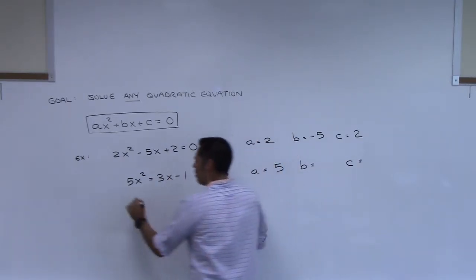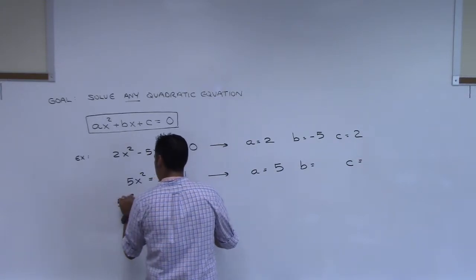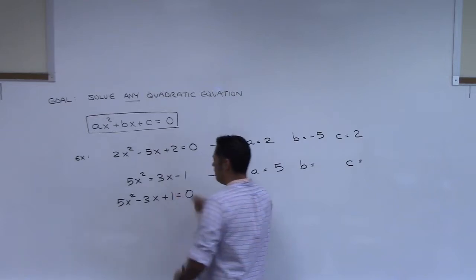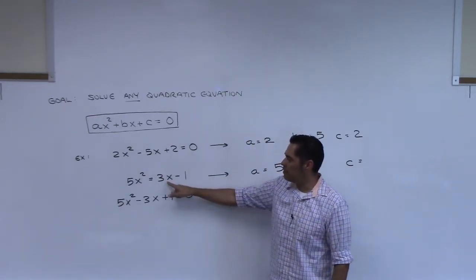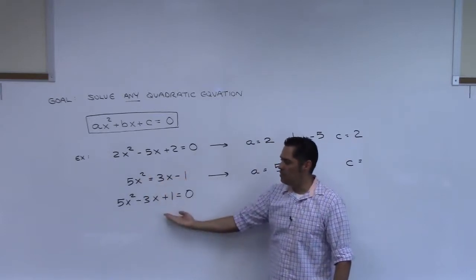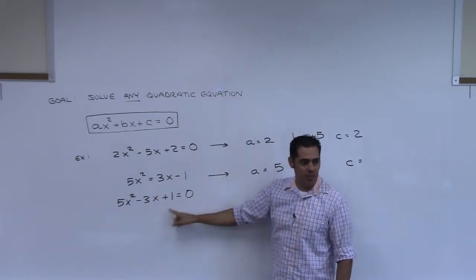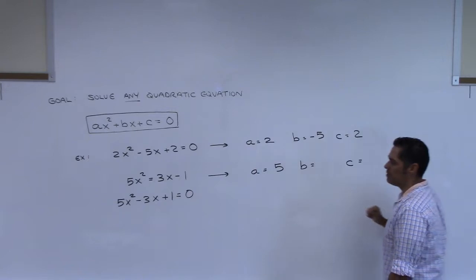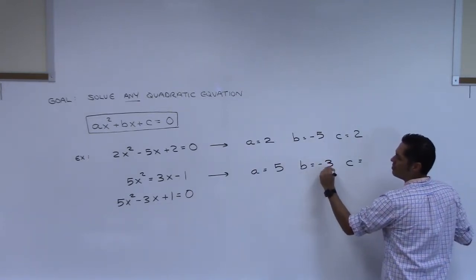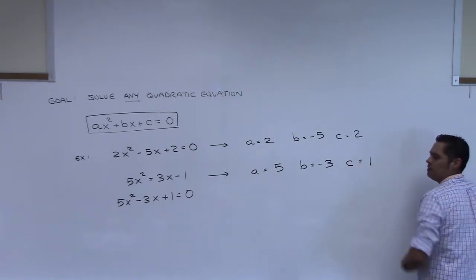I'm not going to show the work for this. I'm going to trust that to get from here to here, you would subtract 3x on both sides, and then you'd add 1 on both sides, and then you'd get to this. So it must look like this before you can identify A, B, and C. So what's B then, we said? -3, and then C would be +1, okay?